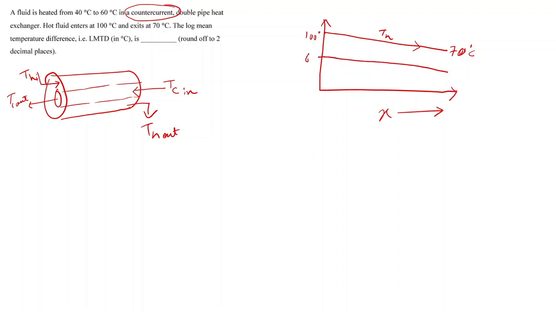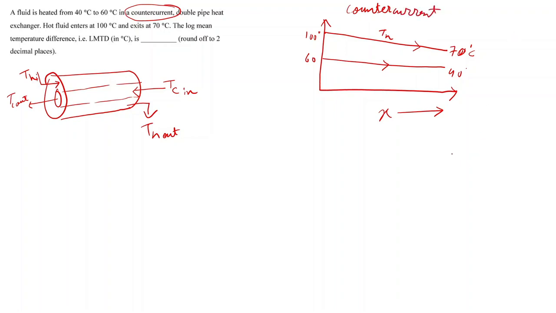So this is 60, this is 40, and this is my flow. And this is for counter current flow.